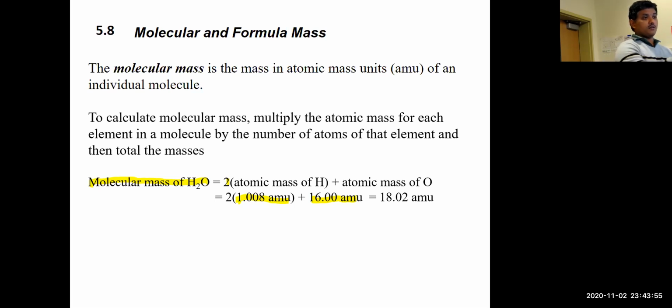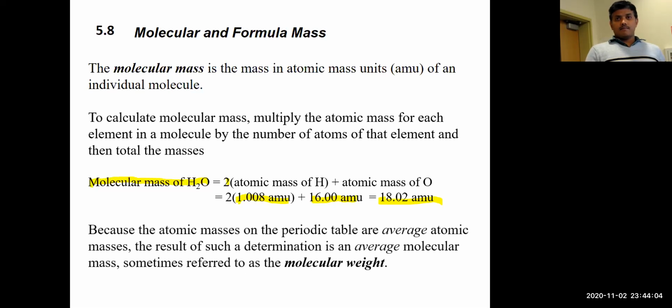So if you solve the math, you end up with the molecular mass of water. Isn't it easy to perform? These atomic masses came from the periodic table, the atomic mass of each individual element.